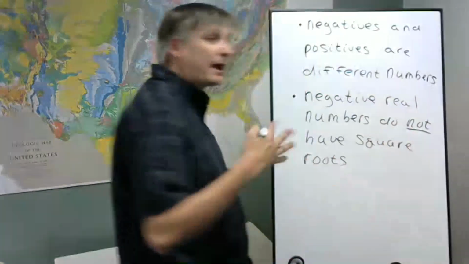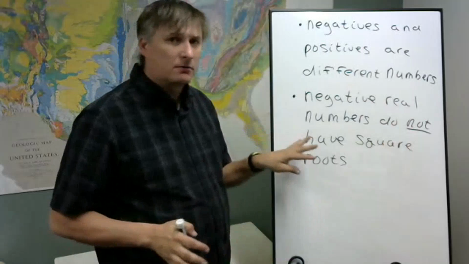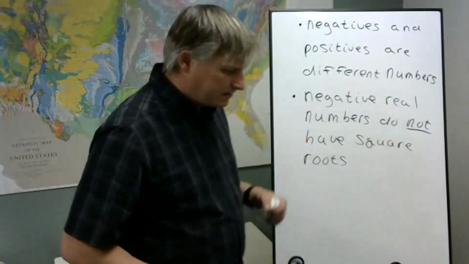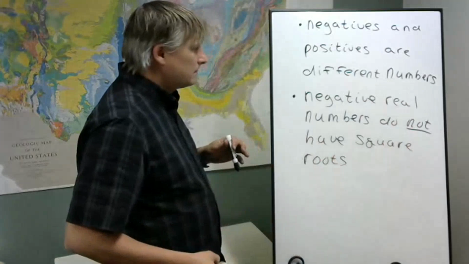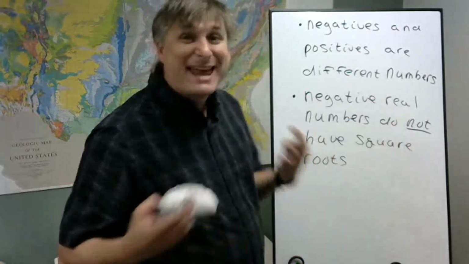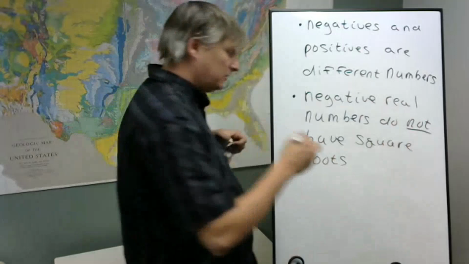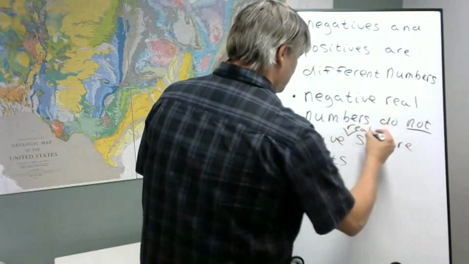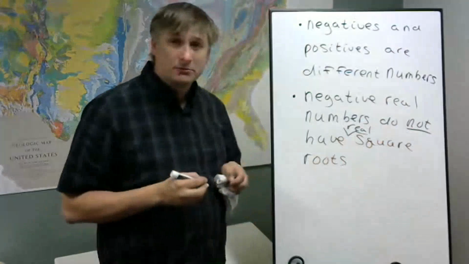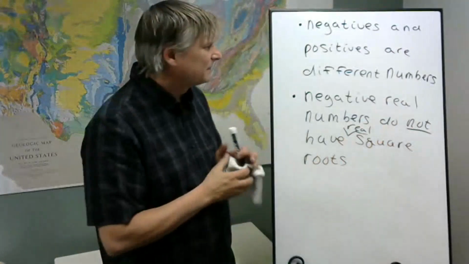Now, this will get back to why we're studying f of x, but we do need to cover this part first. And it's going to become an important issue when we talk about domain. So negative real numbers like -9 do not have real square roots. Again, this whole thing with real we'll get to later.